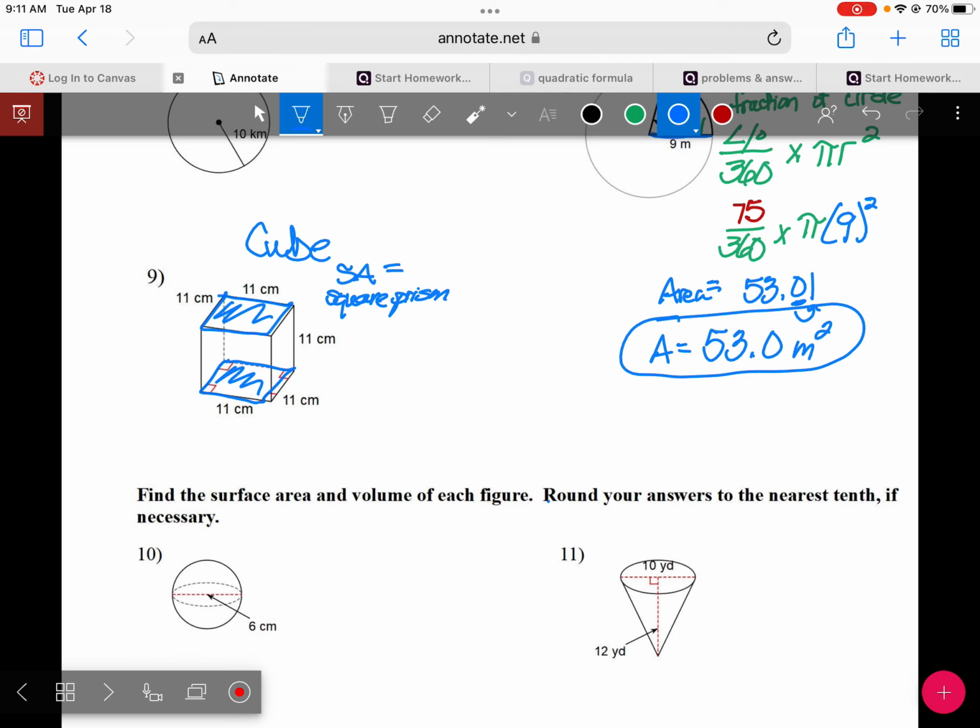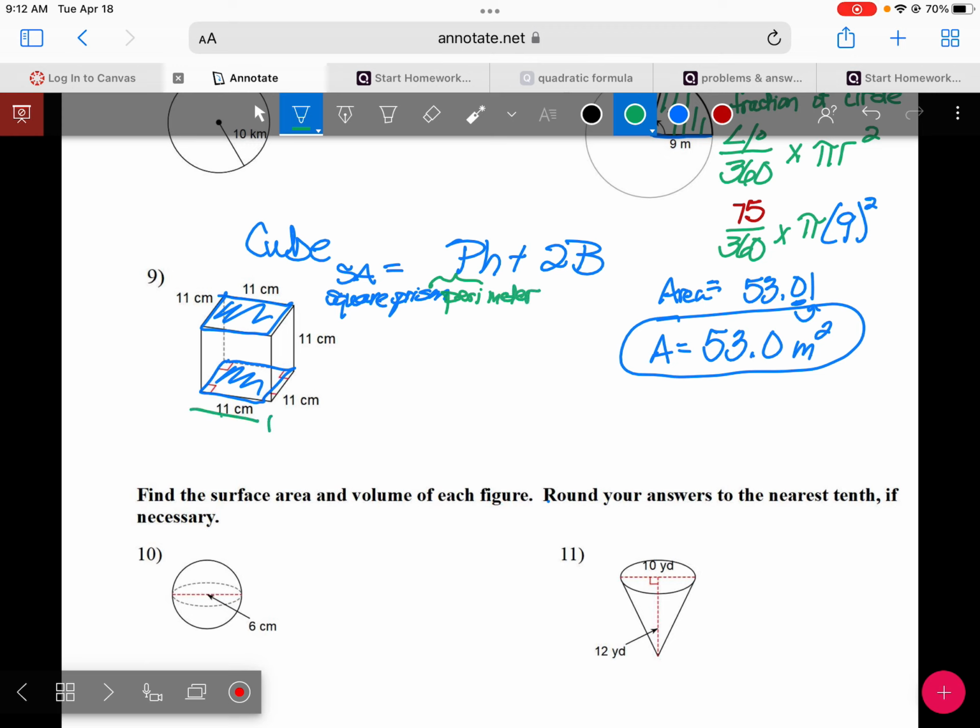I think should be, is it capital P for perimeter? Yeah. Times height plus the area of your 2 bases. Yep. Okay? So capital P, if you recall, that stands for perimeter. Perimeter is the distance around.